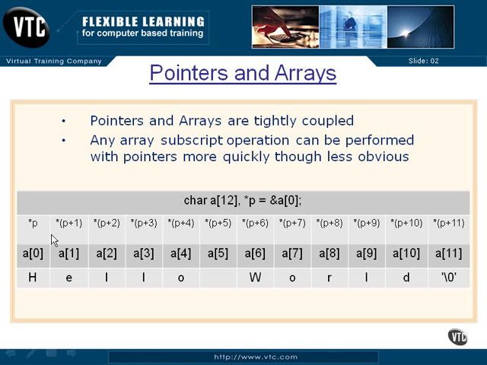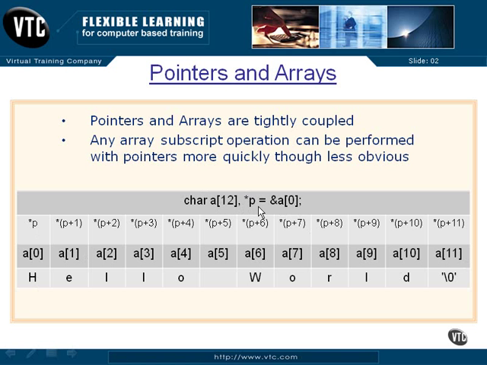Here we have an example of a character array that is 12 positions long, 0 through 11, 12 characters. Right next to it, we're also going to create, in a standard C statement, an expression. We make a character A of 12, comma, a pointer called P, which will be a character pointer with an asterisk there, and our initialization sets P equal to the address of A sub 0, which is this first byte right here.